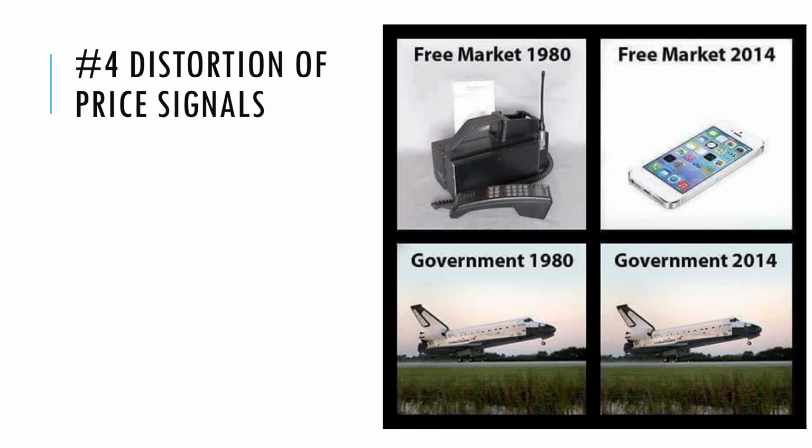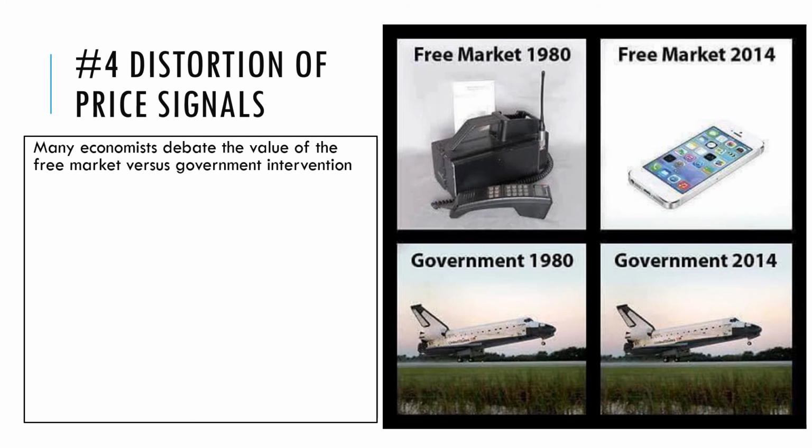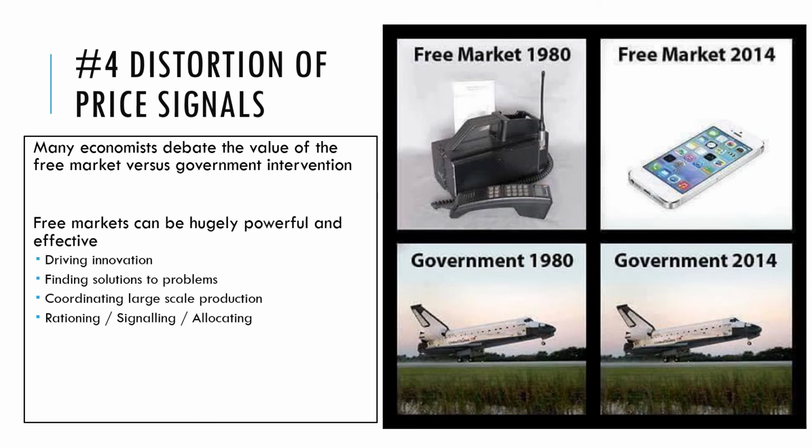Okay, the final one we're going to look at is distortion of price signals. So many economists entered into debates about the value of the free market versus state or government intervention in markets. A lot of free market economists really believe that free markets can be very powerful and effective. They drive innovation.